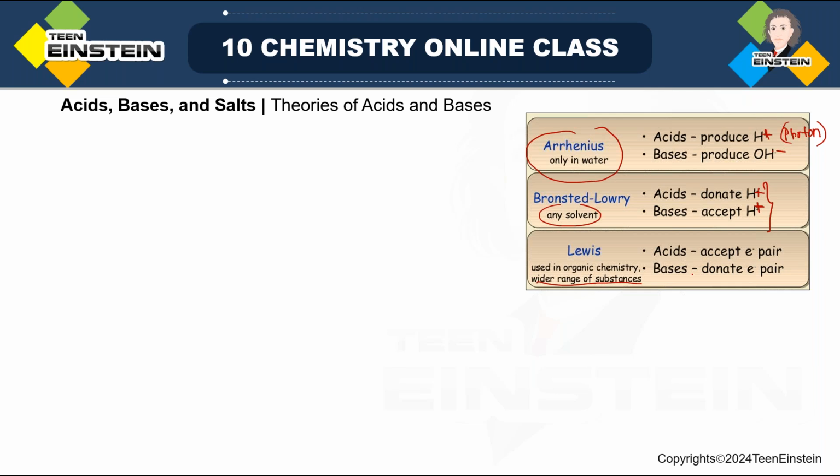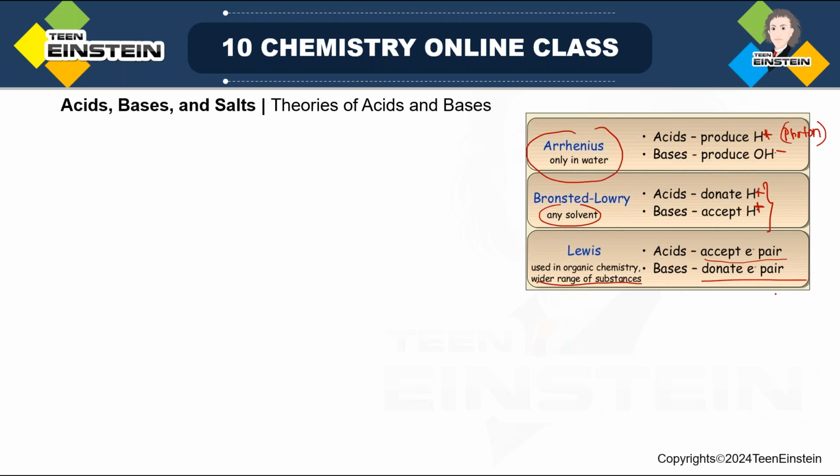Now why am I saying more general? It is because, look at the definition: acids are accepting electron pair, and bases are those substances that are donating electron pair. So there is no question of any ion donation or ion acceptance. It is only based on electron pair. That is what makes it more general, because electron pairs can be present in different types of compounds.